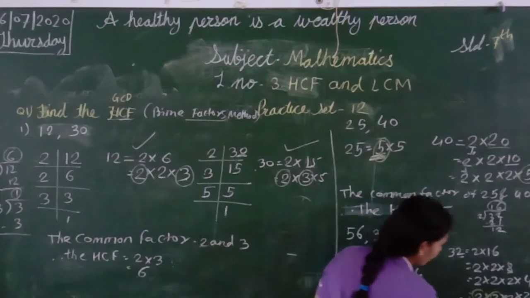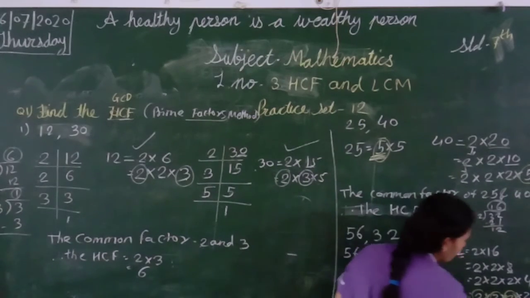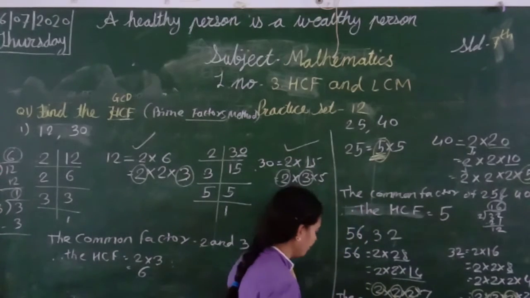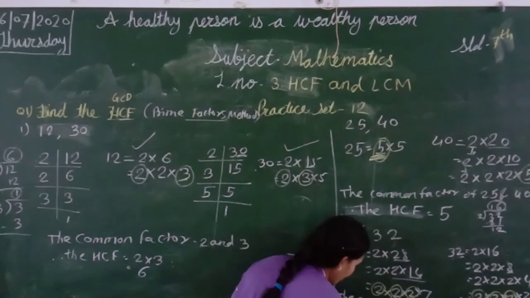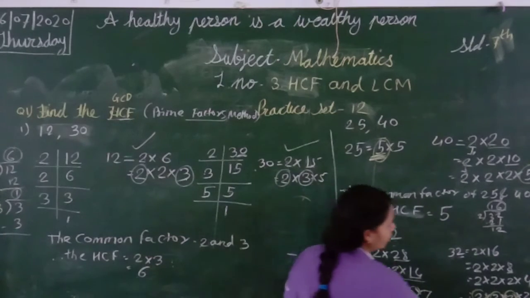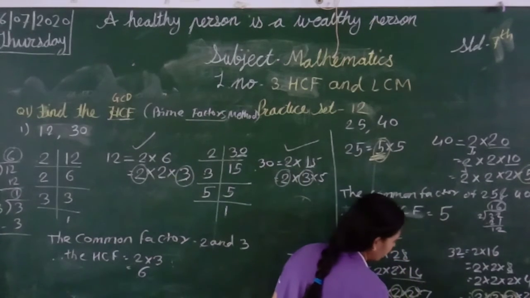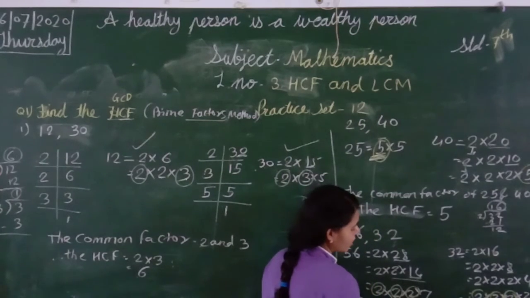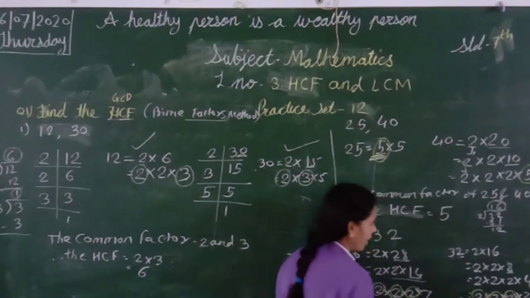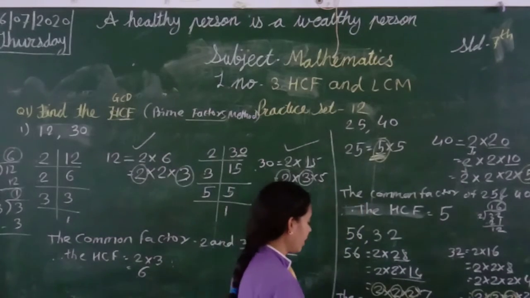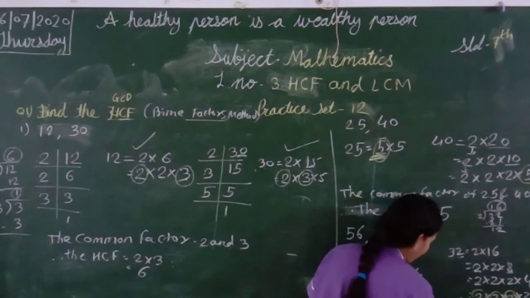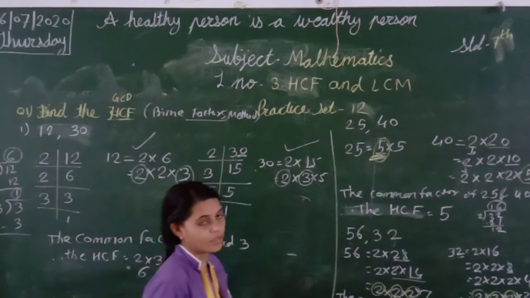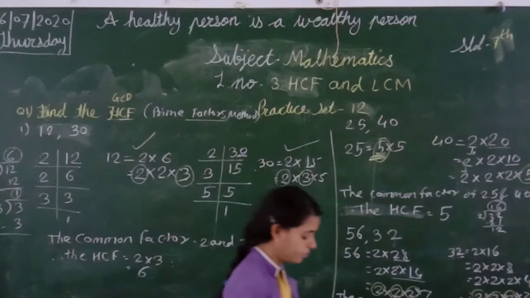Then here 2, here also 2. So what is the HCF, students? What will come? 2 into 2 into 2. 2 2s are 4. 4 2s are 8. So what is the highest common factor? 8. I hope students you understood.